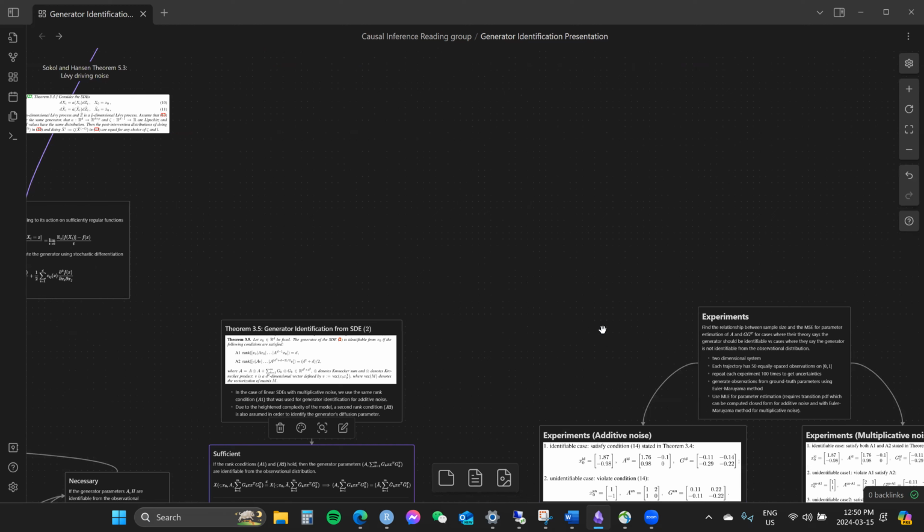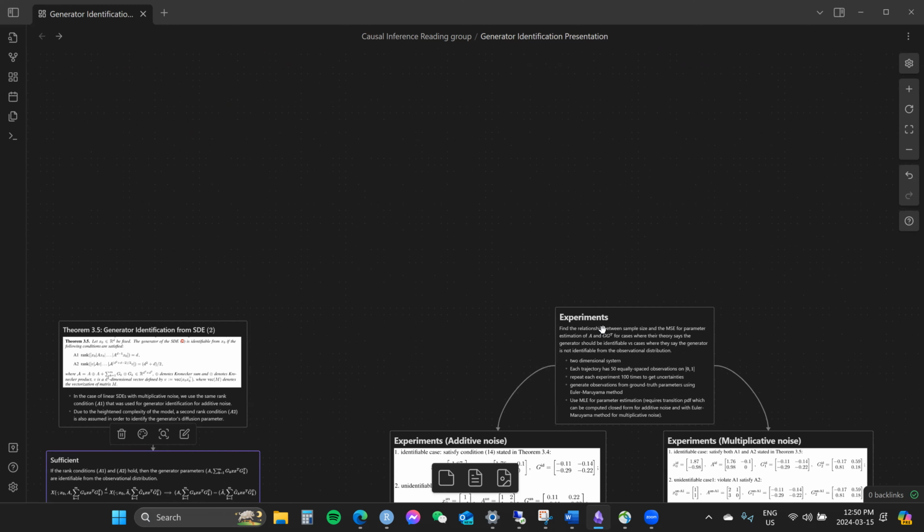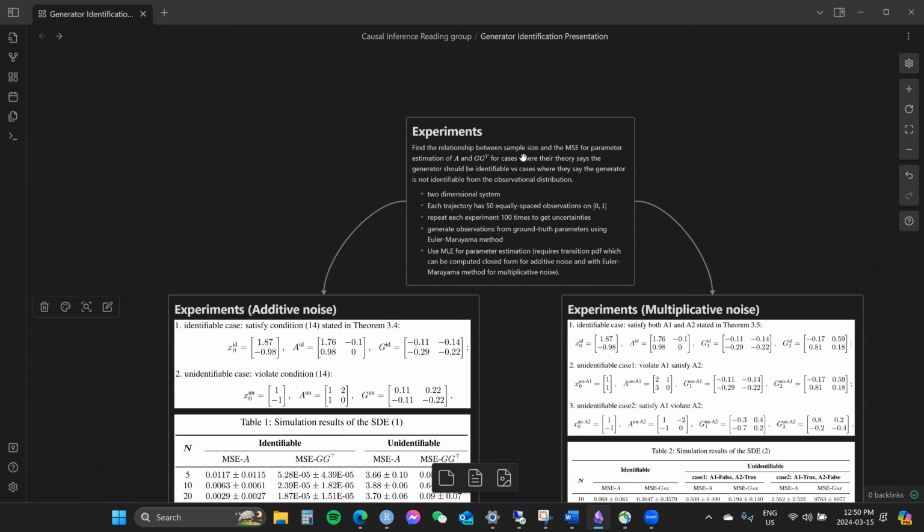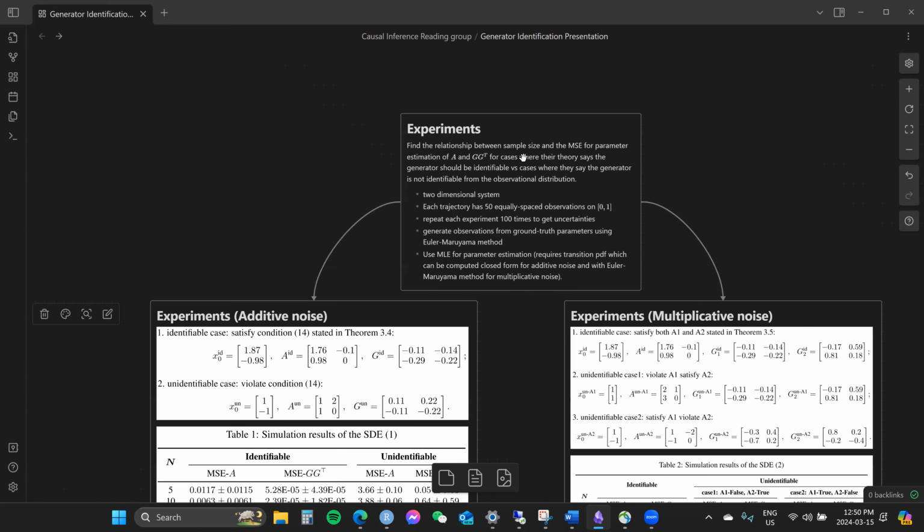So I'll briefly discuss their experiments. The question of the rank conditions. Can I understand that as some kind of condition that's necessary for exploration or positivity? What do you mean by positivity?